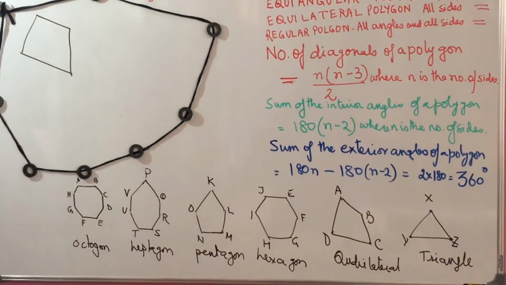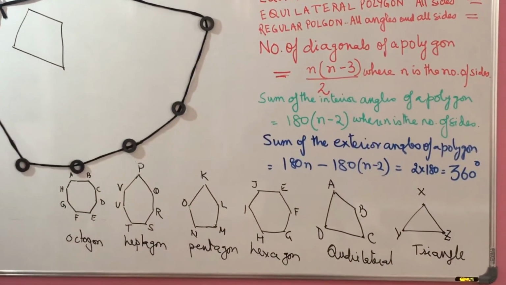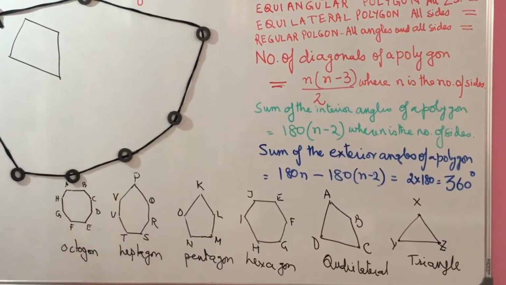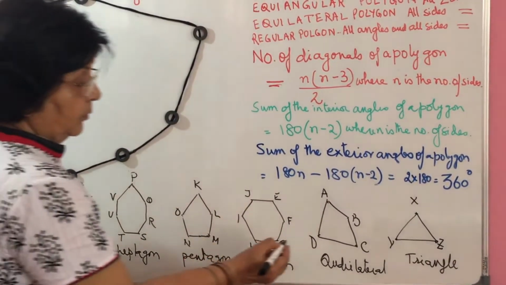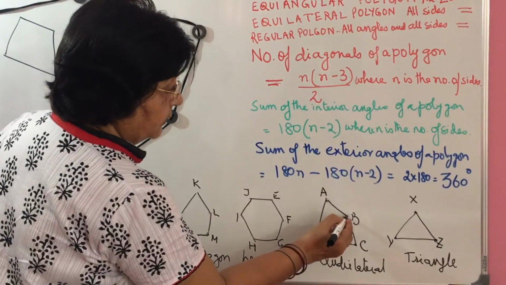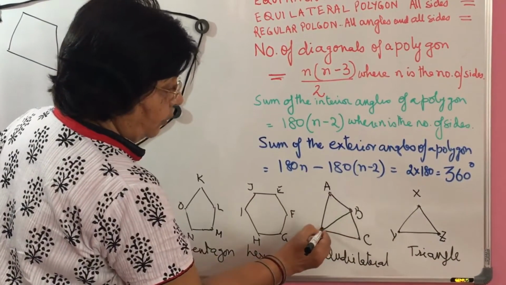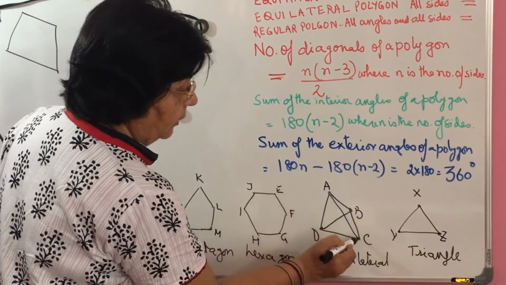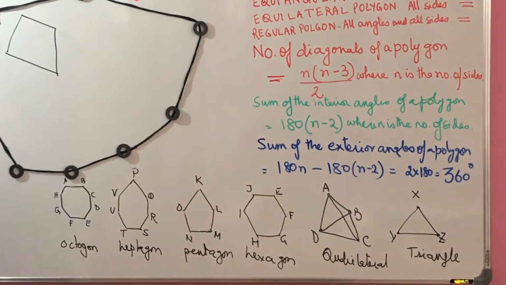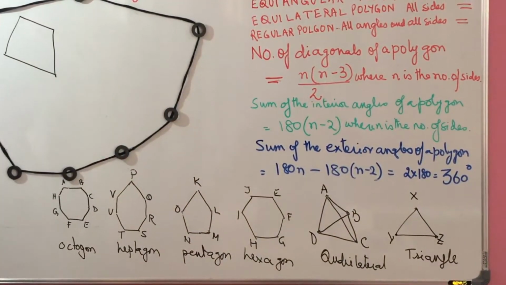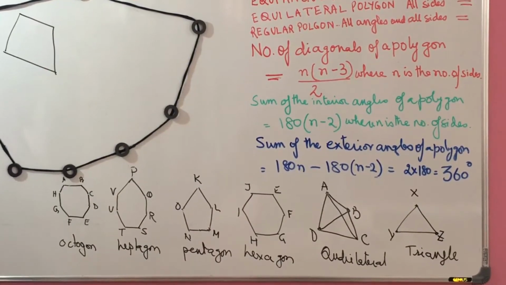So, a triangle does not have any diagonal. But a quadrilateral has B and D as opposite vertices and A and C as opposite vertices. When we join these two, we get two diagonals. So a quadrilateral has two diagonals.